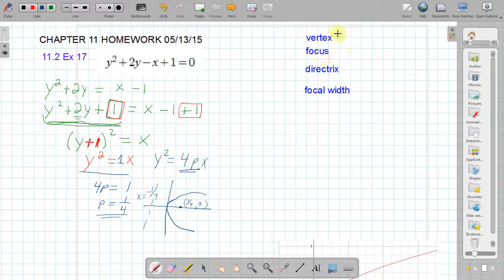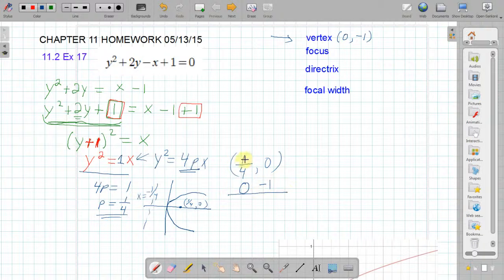So the vertex x is still at 0, but y is actually at -1. So your regular focus would be at 1/4, 0, if this parabola were at the center, but it's not at the center, so we need to add the new vertex. So to add the new vertex, we got 0, -1.